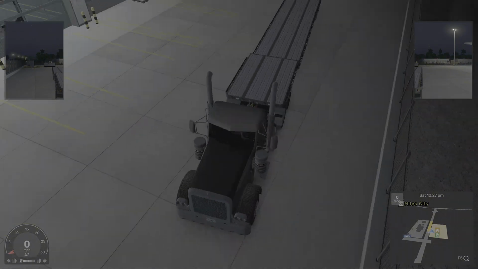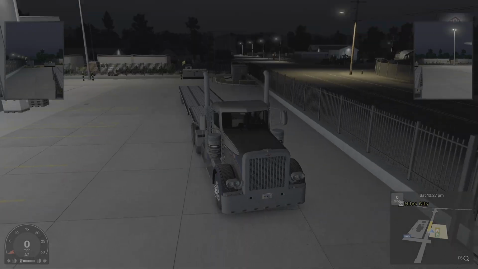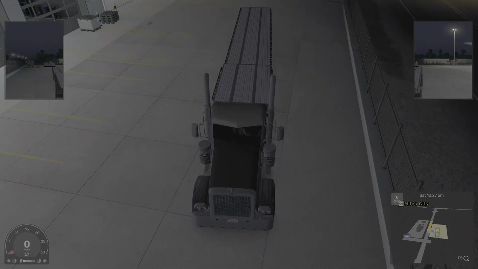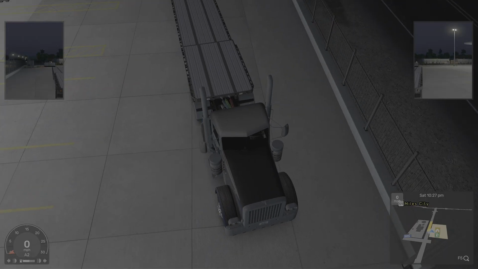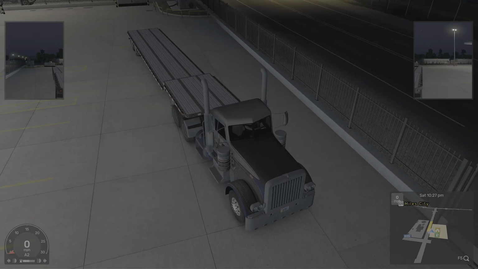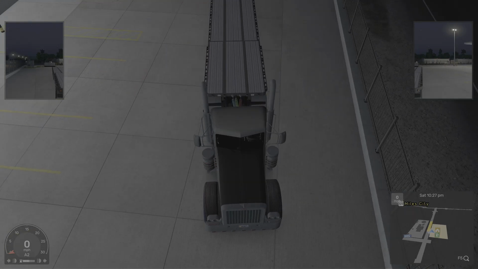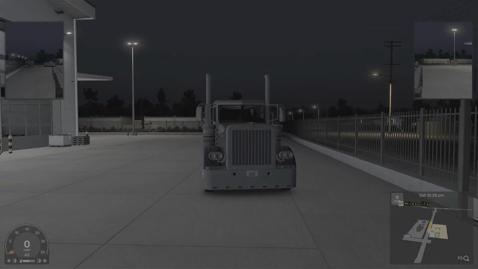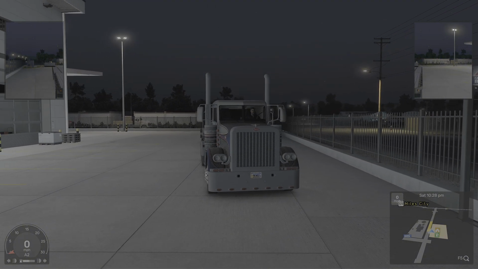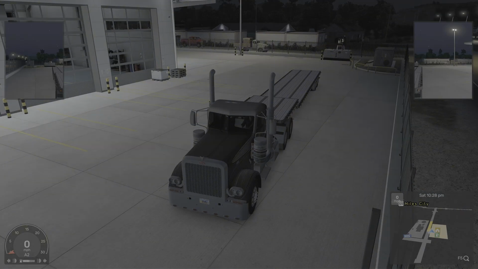And if you turn the other way, the back of the trailer is going to go this way. So you have to consider the angle of your truck. There's the straight line of your truck. There's the straight line of the trailer, so they're not lined up. I'm not in a straight line at the moment.